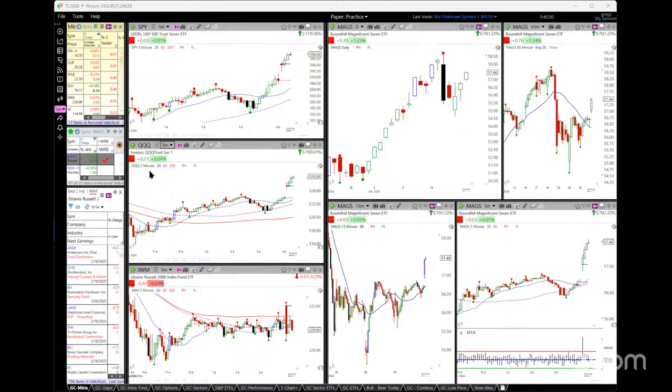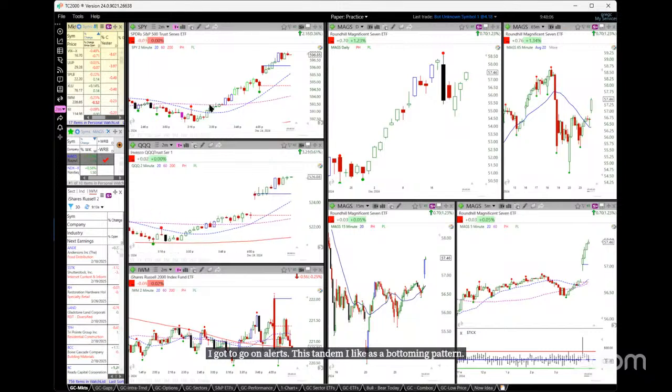I got through all my alerts. This Tandem I like as a bottoming pattern, just not sure about the reward to risk. GE Vernova up alarm.